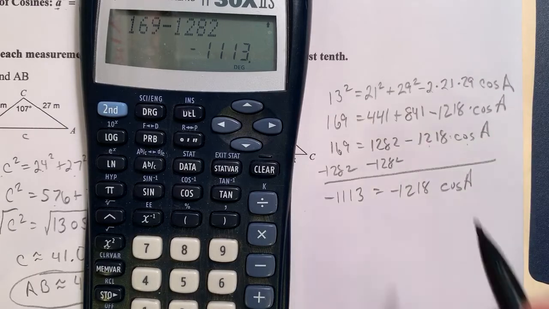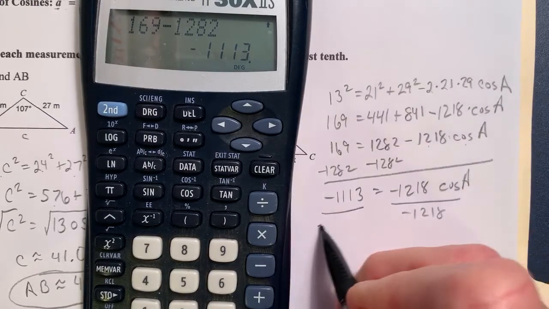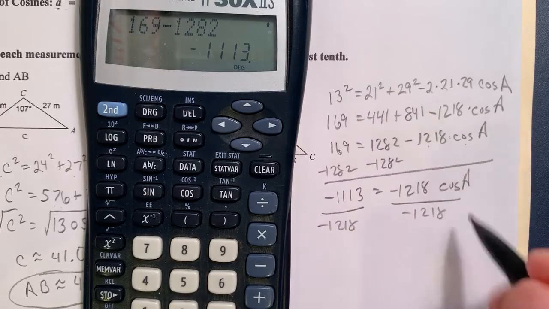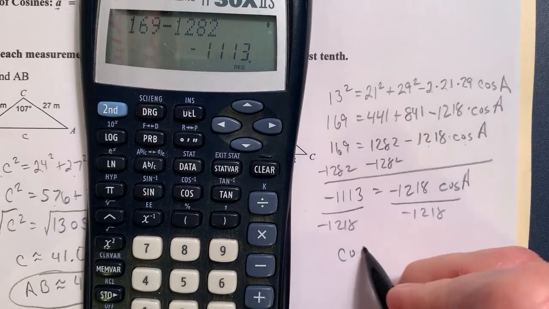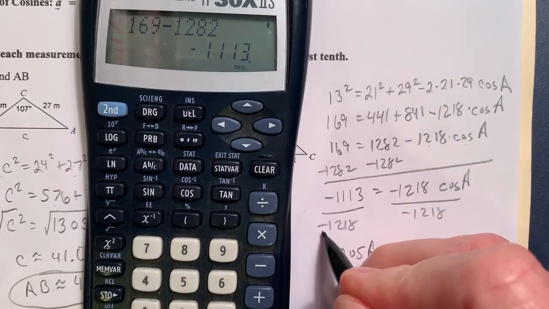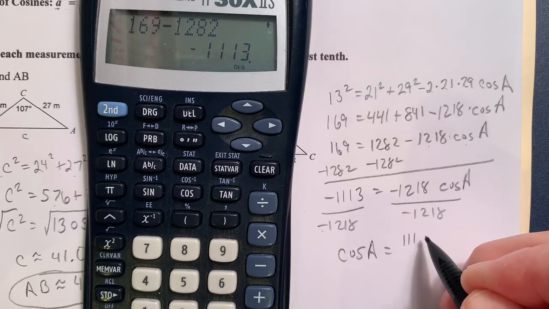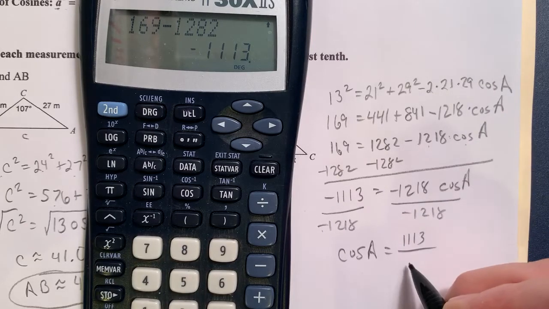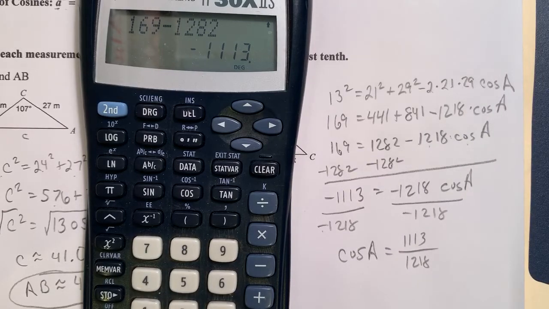Okay, and then I'm going to divide both sides by negative 1218. And that's going to give me, I'm going to switch this side. So cosine of A equals negative divided by negative is positive. So 1,113 over 1218. Okay, I'm getting really close here.